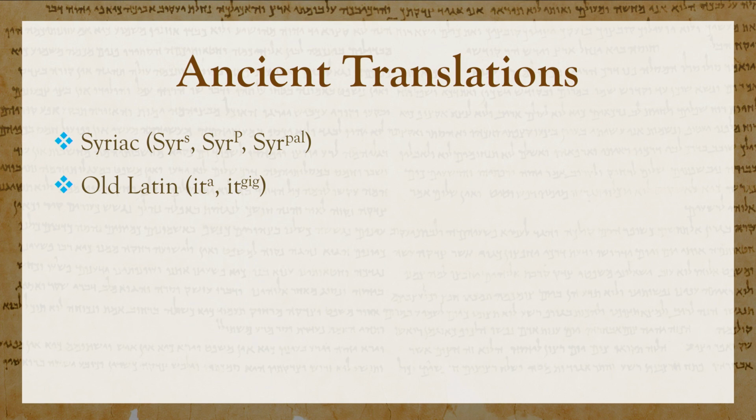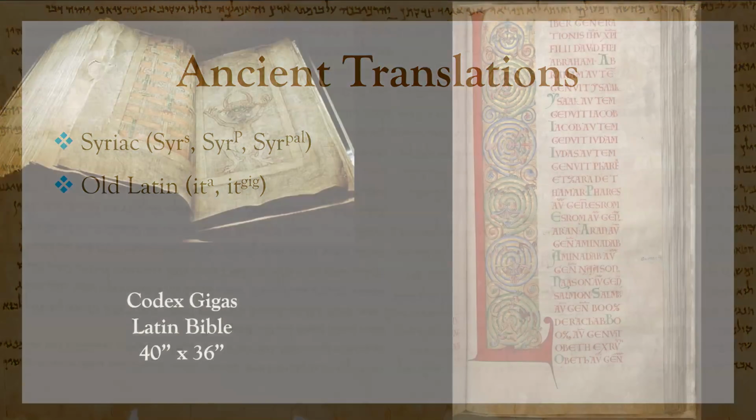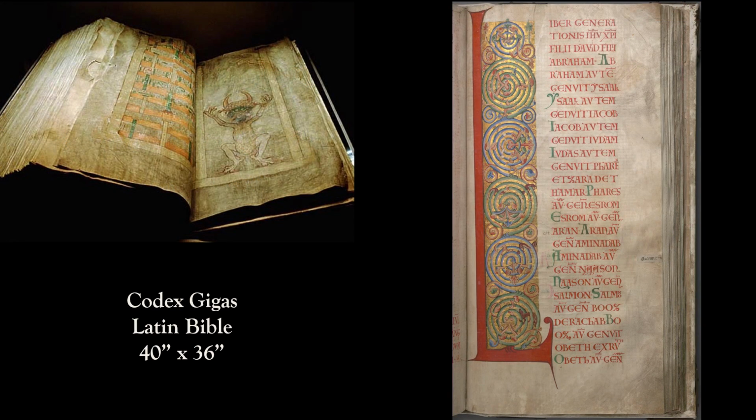And then we have one of the most interesting Bibles, Codex Gigas, which is a Latin Bible of gigantic proportions. It is 40 inches by 36 inches when it's laid open, and it took allegedly 160 donkeys to make enough parchment for this Bible. It's 8.7 inches thick.